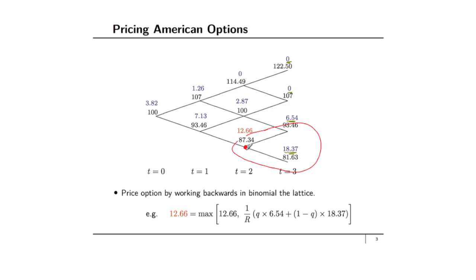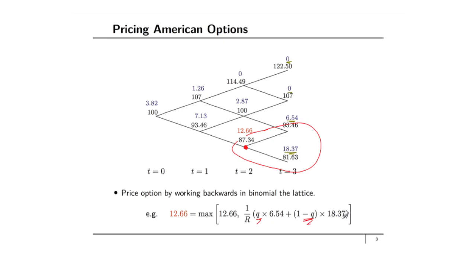If it was a European option, we would say the fair value of the option is 1 over r times q times 6.54 plus 1 minus q times 18.37. That's how we computed the fair value of a European option in a 1-period model. We discounted and used the risk-neutral probabilities to compute the expected payoff 1 period ahead.